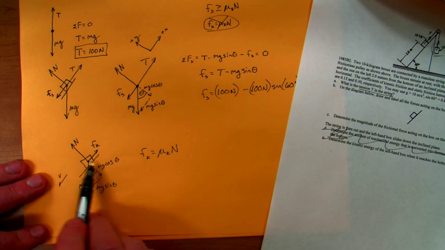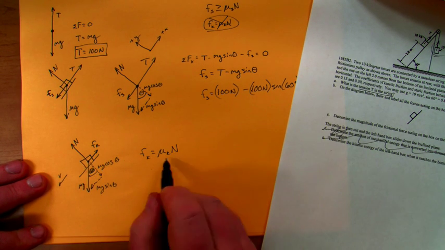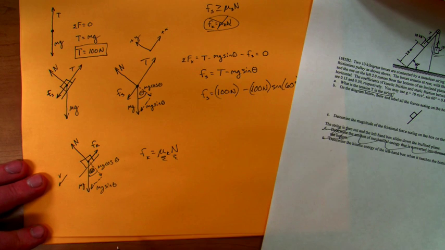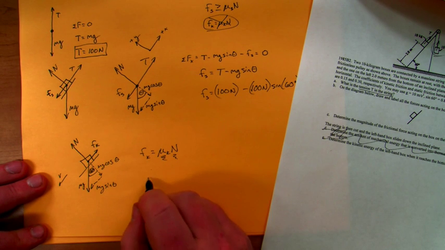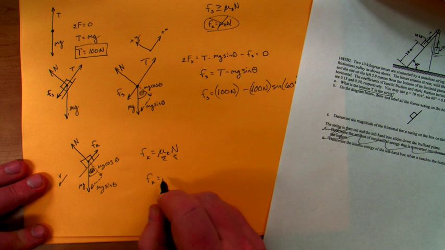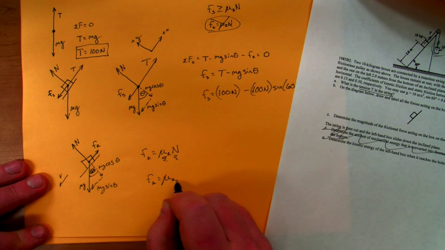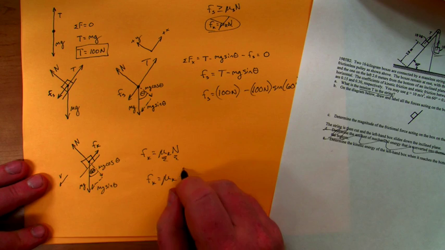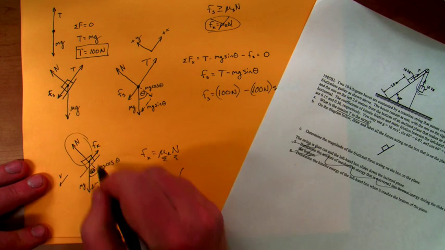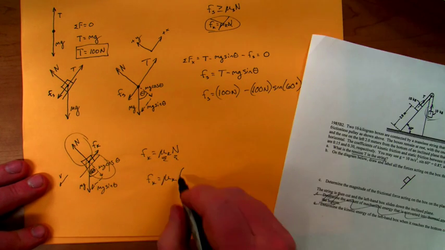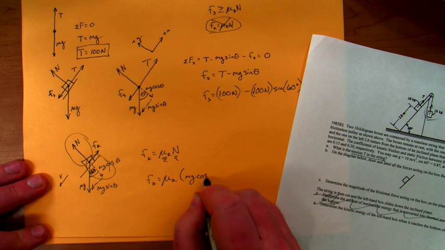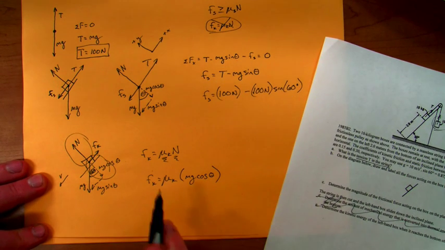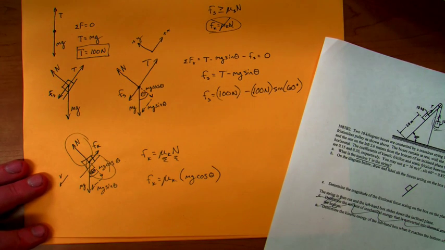So if I know what this is, and I know what this is, I know how much friction there is. So friction is equal to the coefficient of kinetic friction times the normal force. And if I look in the y dimension, I see that the normal force has to be equal to mg cosine theta. And now I should also be able to get a numerical answer by plugging those in my calculator.